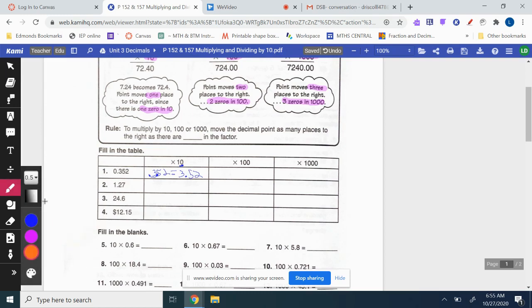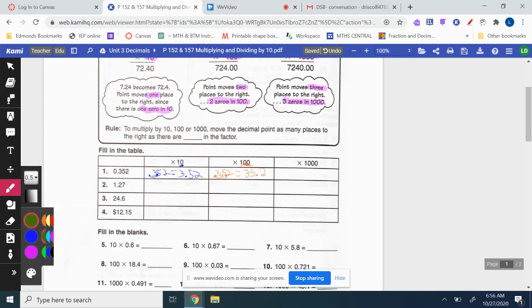In this column, there are 2 zeros, so I'm moving it 2 places. So 0.352, when I move the decimal 2 places, 1, 2, goes right there, it really becomes 35.2.